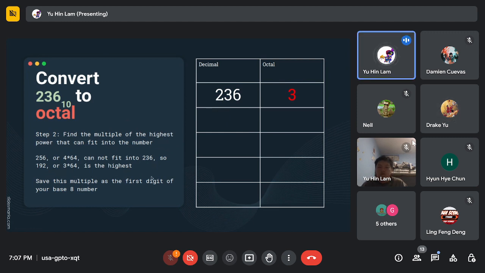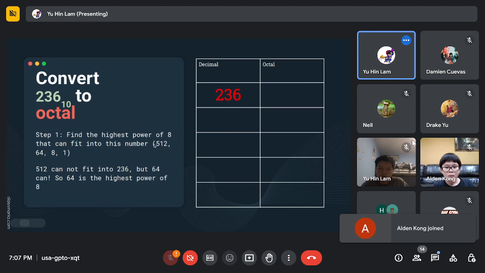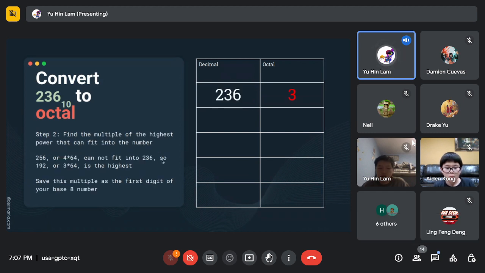So basically our first step is to look for the highest power. So we'll first look at these numbers. In this case, out of these 4 numbers, 64 is the highest that can still fit into here. Our next step would be to find the multiple, and this is how we would find this number. Does that make it more clear?